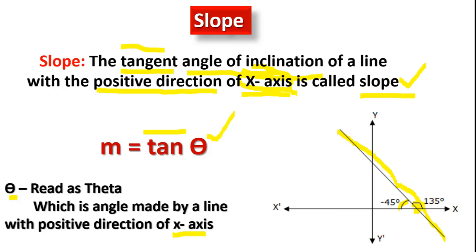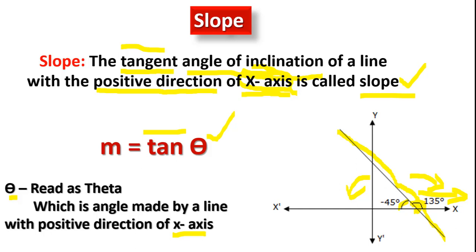What is the difference between these two angles? This 135 is towards the positive x direction, towards this side, the angle made towards this side. And 45 is minus 45, the minus indicates the opposite direction. So in this direction the angle is on the negative side.